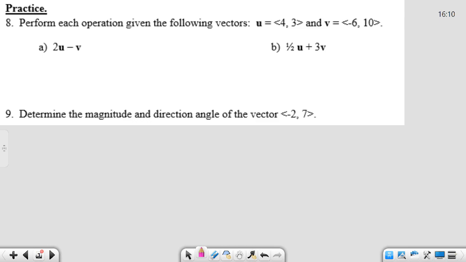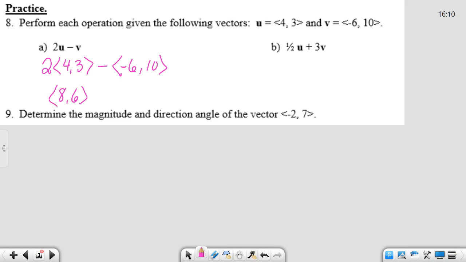Now, going through a couple of things with our vectors. So the operations, we have vector u as 4, 3, and vector v with components of negative 6, 10. For 8a, we want to do 2u minus v. So we're going to do a scalar multiplier of vector u and then subtract vector v. So 2 times u would give us 8, 6.